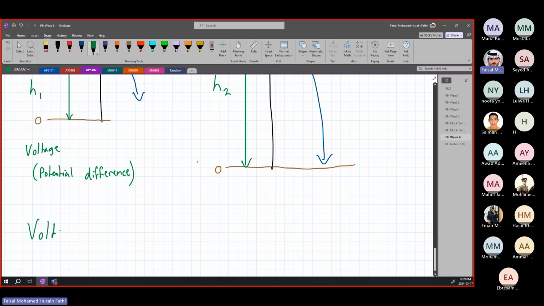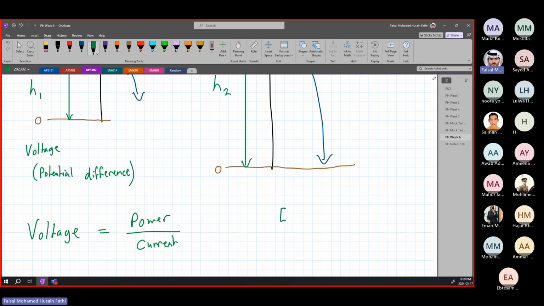So voltage is the amount of power you need to put in, so that you can overcome resistance and have current flowing. It's power over current, which I will look at later in more detail. But in simpler terms, it is how much energy you will have to spend so that you can move 1 coulomb of charge.